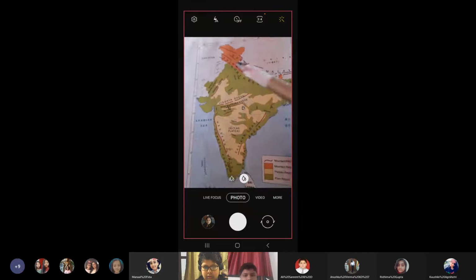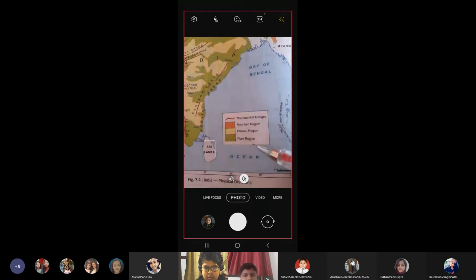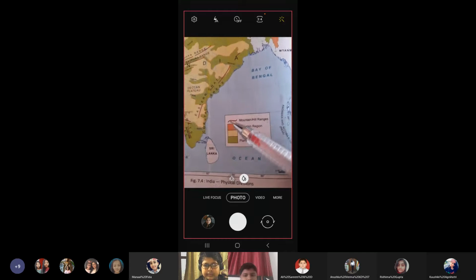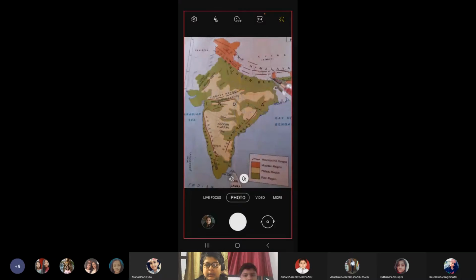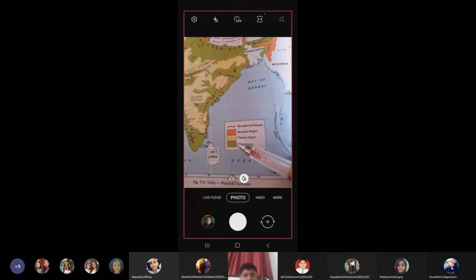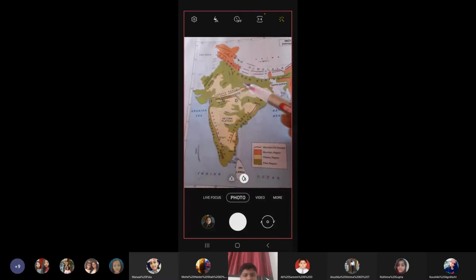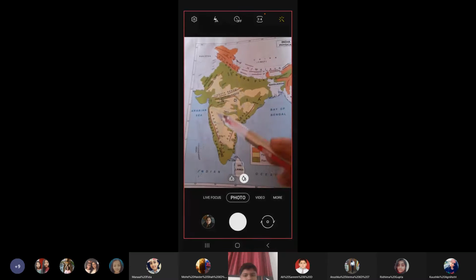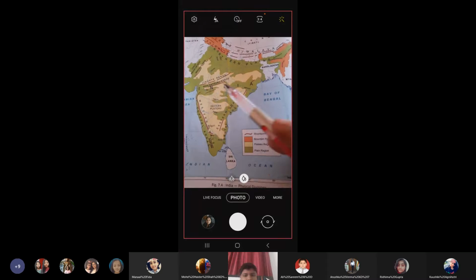Okay, after you do this map, please do not forget to make this key also. Why? Because when you are doing this brown, you are marking the mountain ranges. Did you get it? When you are coloring this green, you are marking the plain regions. So all these green areas are plain regions. When you are marking this yellow area, that is the plateau region.